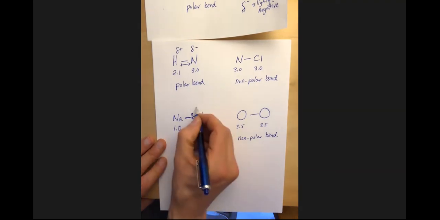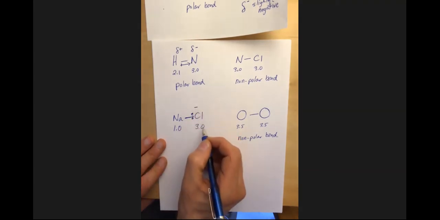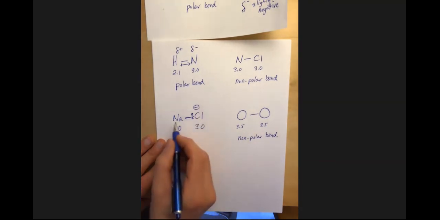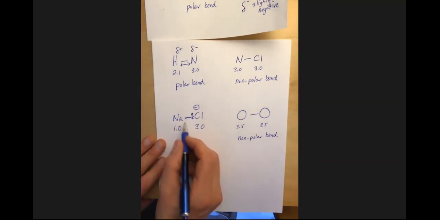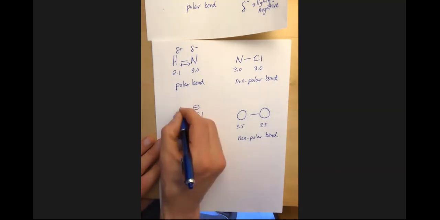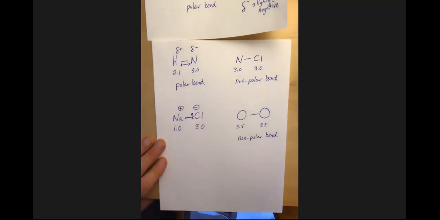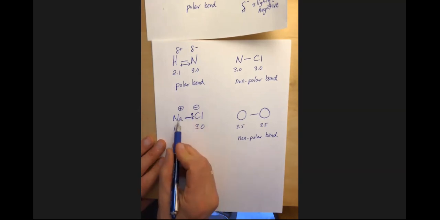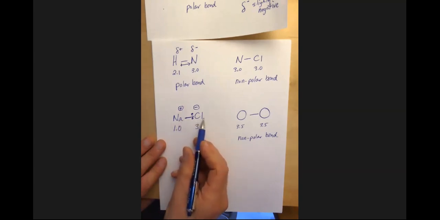So much so that we would say that chlorine isn't just partially negative, it gets a full negative charge. And sodium isn't partly positive, it doesn't have those electrons at all. And so we'd say it's positively charged. In fact, what we're really talking about is electrons that aren't shared at all. It's really an electron that's transferred from sodium over to chlorine.